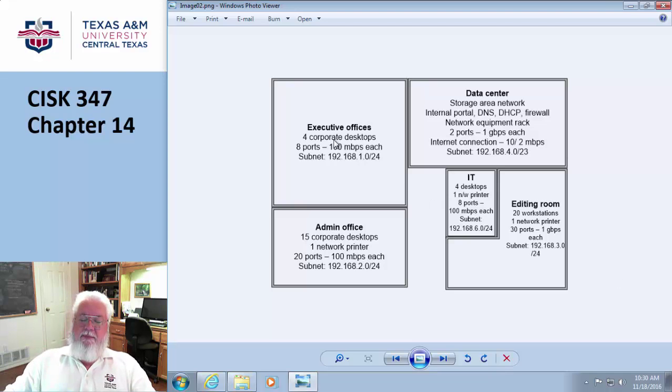Okay, well, there's 4 corporate desktops, and again, thinking ahead, there's 4 people in the executive offices. Okay, 4 computers. So am I going to run only 4 wires? Well, that would be dumb.